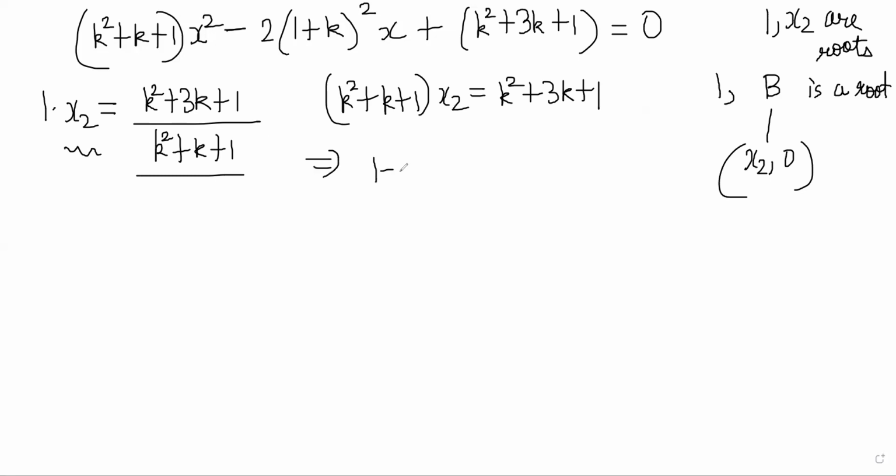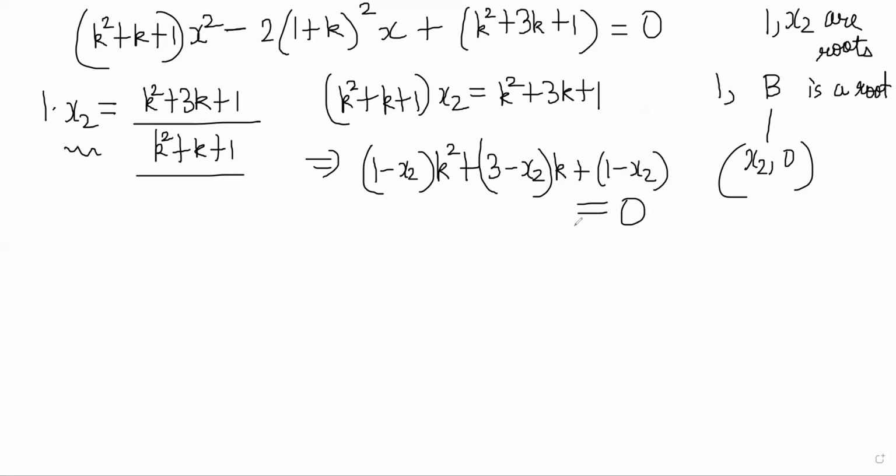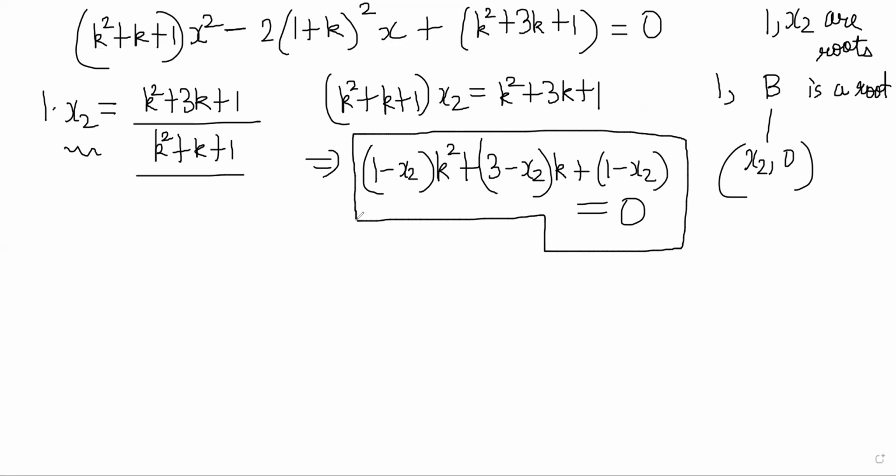So I can rewrite this now as 1 minus x2 into k square plus 3 minus x2 into k plus 1 minus x2 equal to 0. This equation is coming, and this is true for all real k.